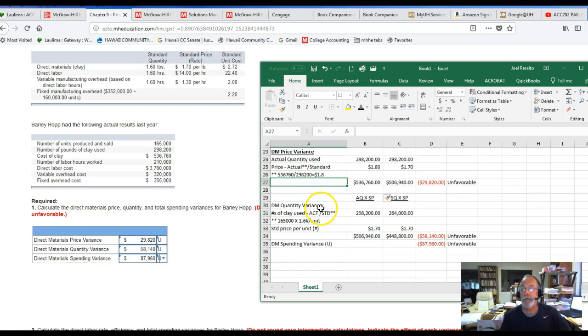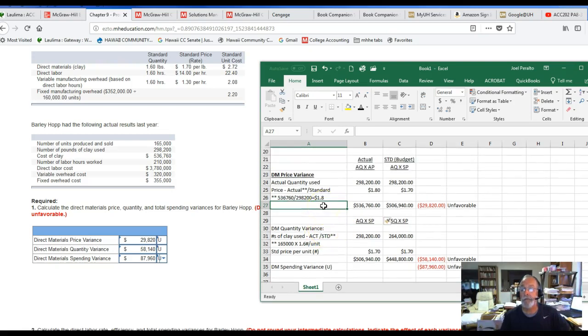We could call this price variance, and quantity variance.